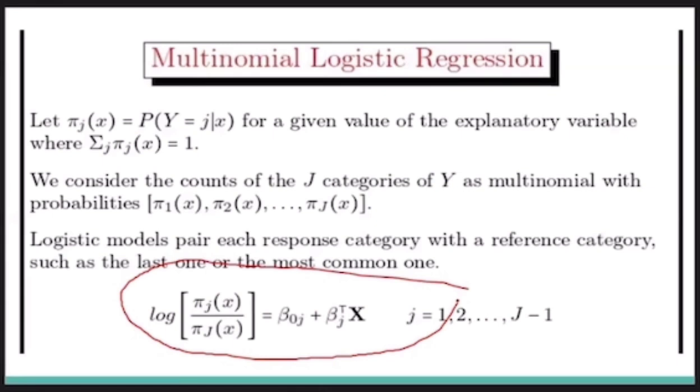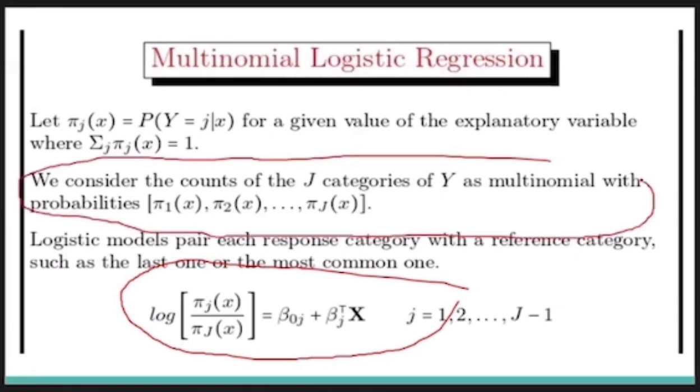Now take a look at this. With the multinomial, we have so many categories. That is why, if you take a look at this here, we consider the counts of the J categories of Y as multinomial.